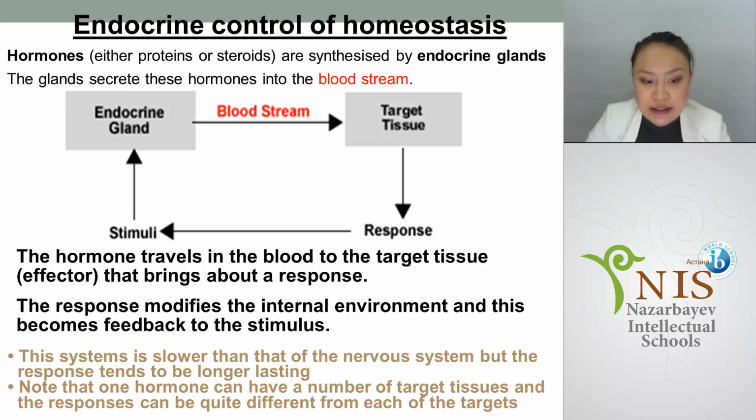You see first the stimulus. Stimuli react and then endocrine glands will respond and release some hormones into the bloodstream, and those hormones will react with the target tissues and then become a response, and after that it returns to the normal level.